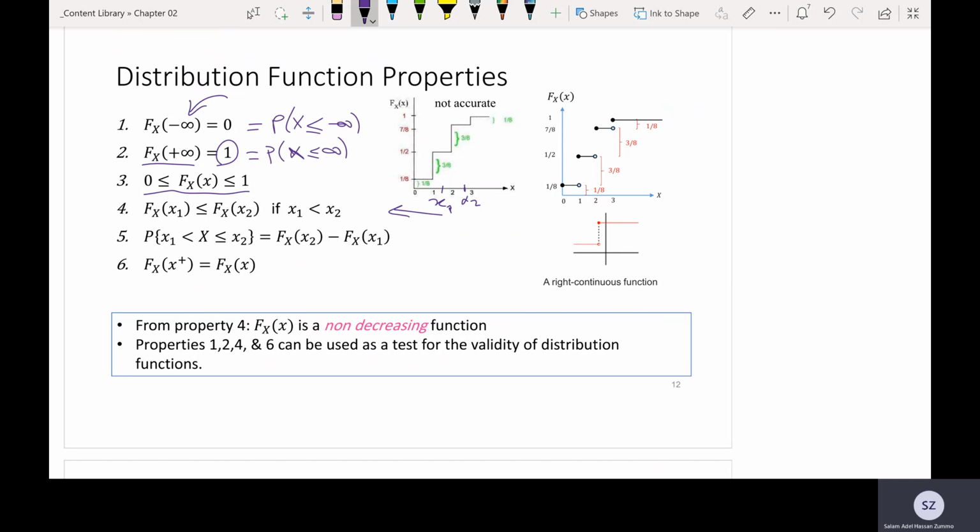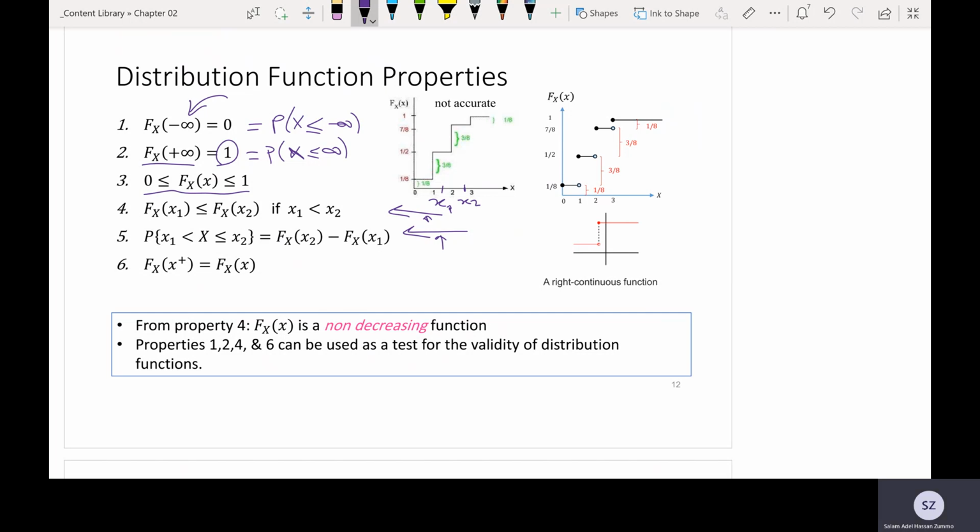And F(x2) is the probability that x is less than or equal to x2, which includes every value before x2. However, this part includes this part. So at x2, it's either the same or larger than at x1.